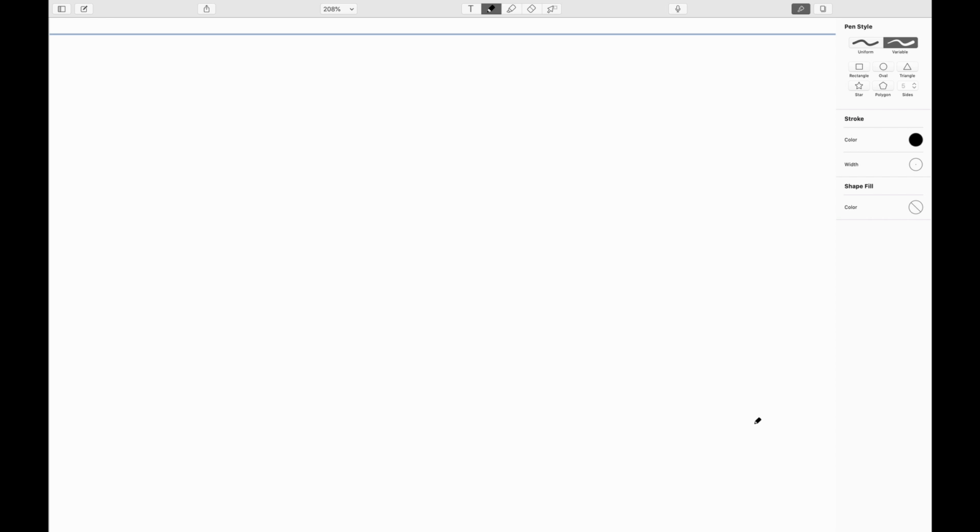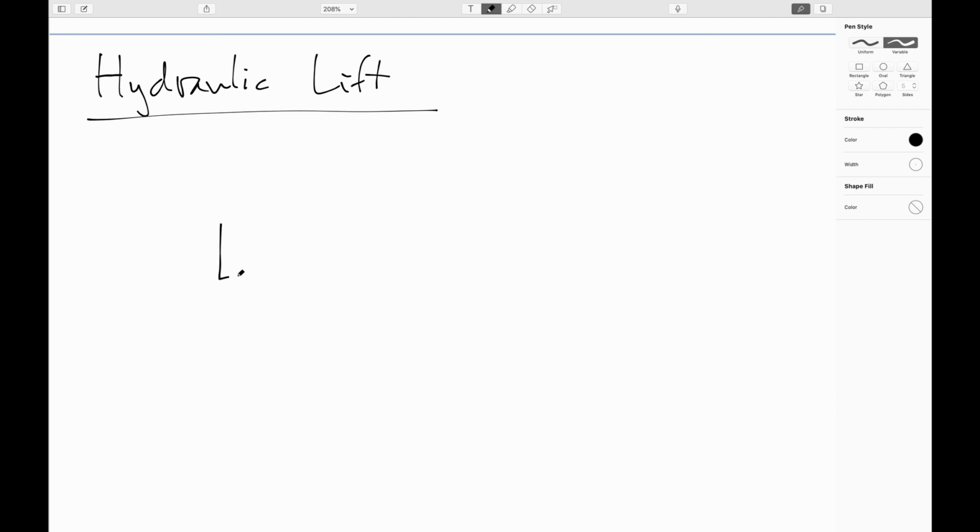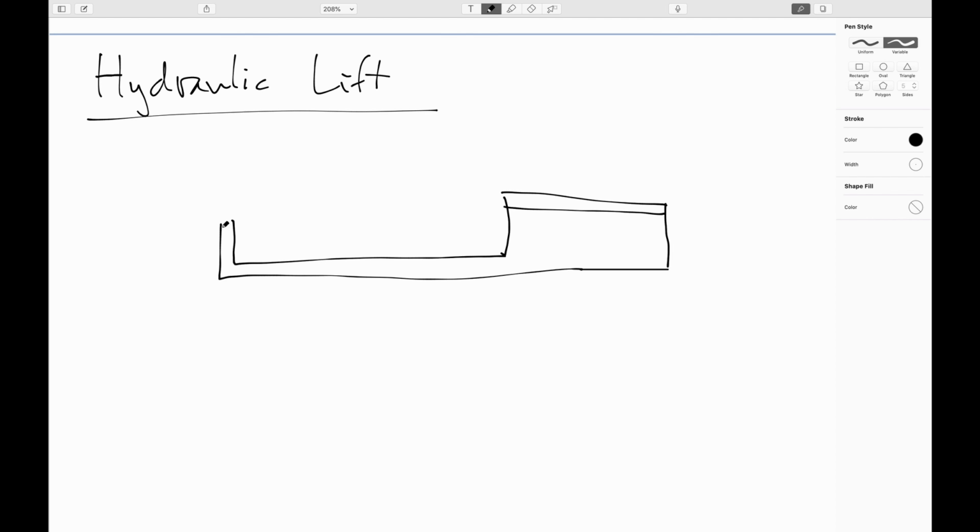So I'll finish this off with one other application. This is a contraption called a hydraulic lift. So if you've seen a hydraulic jack as an example of one, and I'm going to draw it badly, but hopefully it'll get the point across. So if you have a hydraulic jack, or hydraulic lift, usually the way these things work is you'll have a piston over here on a very small cylinder wall.